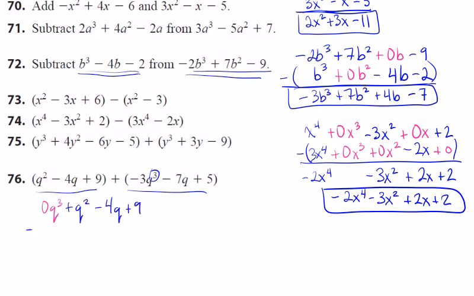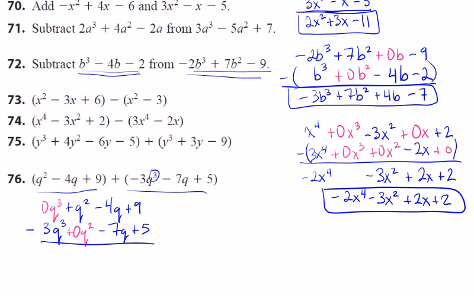Now I'll put the other one on the bottom, negative 3q cubed. There's no q squared, so I'm going to put plus 0q squared minus 7q plus 5. So I'm adding this time.